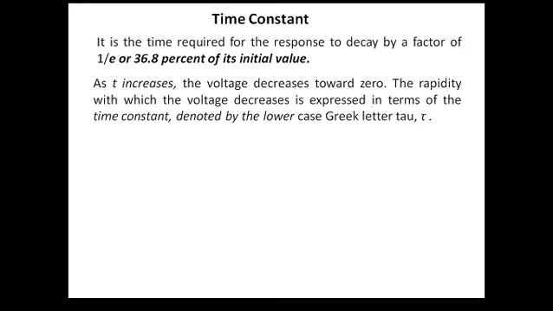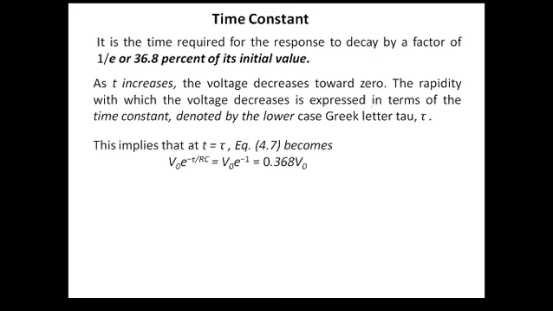As t increases, voltage decreases towards 0. The rapidity with which the voltage decreases is expressed in terms of the time constant. Generally, it is denoted by tau. This tau is a Greek letter; it is not T, it is tau.